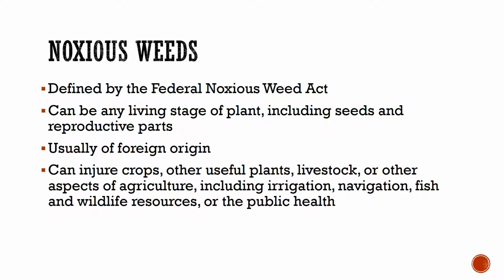So now let's look at noxious weeds. In 1974, there was an act that came into law, and it was called the Federal Noxious Weed Act, and that just defines these weeds as any living stage, whether that's in the reproductive part or the seed part, and having to do with the parasitic part of that plant that is foreign to where it is right at that moment. So if it's in a field, it's obviously foreign to where it is.